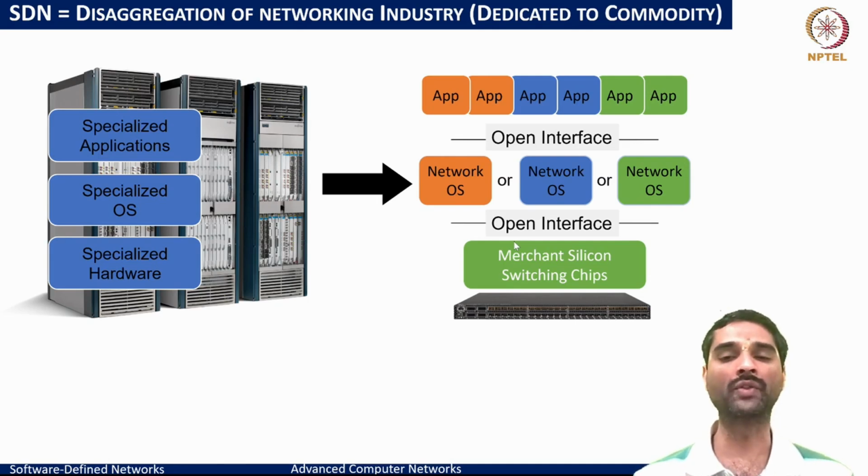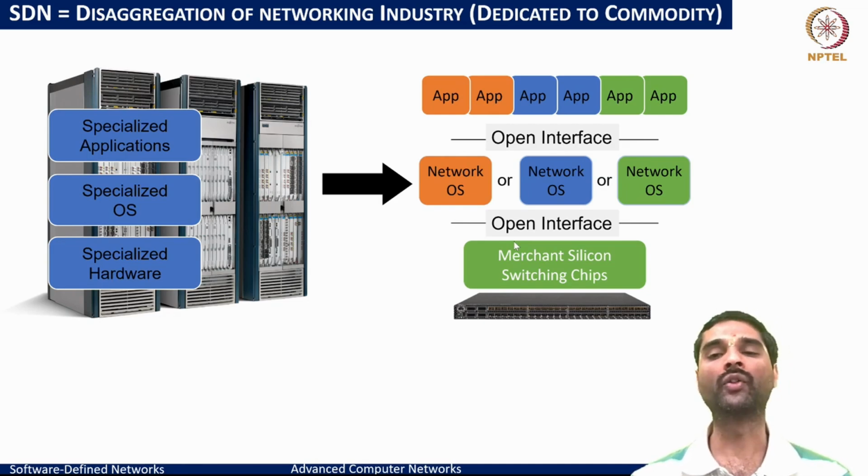For example, this could as well be just our personal computers. And now we can run network operating systems on top of these personal computers. Once we have these network OSes that provide open interfaces, we could readily build any applications at the top to run the required characteristics on these networking devices. And the open interface at the bottom would also mean that these commodity hardware can now be programmed for the way that we would want the routers and switches to behave.